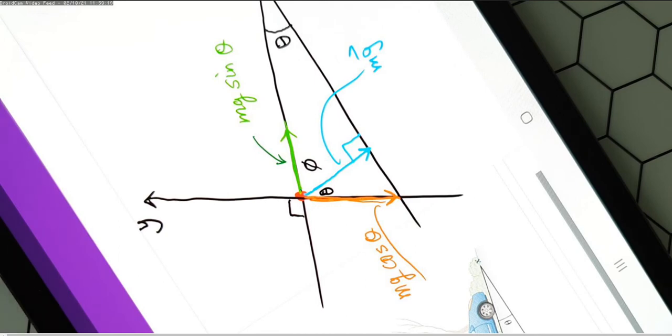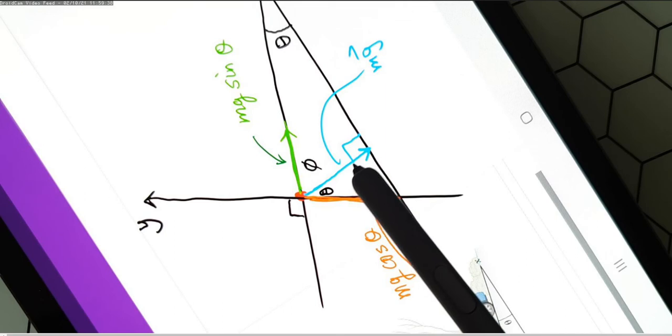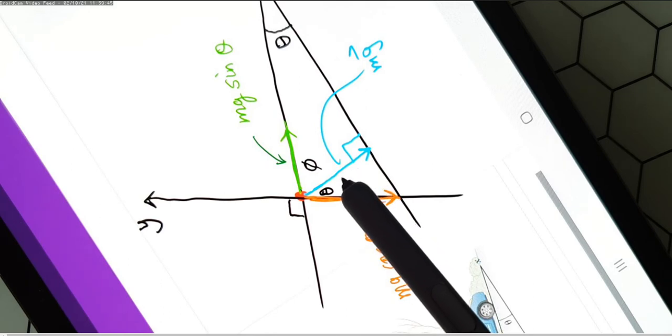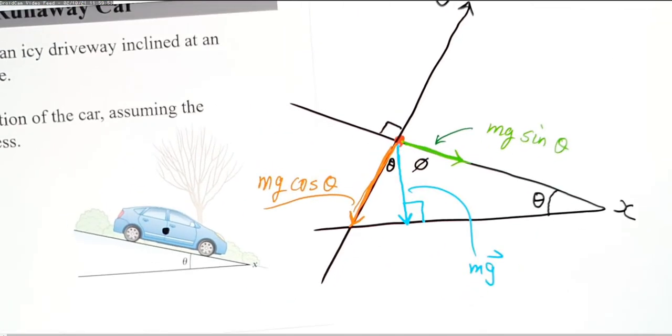But after that, we'll just assume that I explain it, and if you are confused, go back to the video and convince yourself. Farhan, again, this is mg, the component of weight. Do you believe that, Farhan? The blue arrow is mg. Farhan?